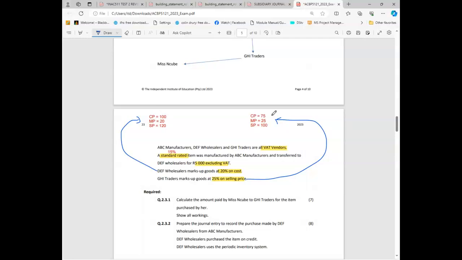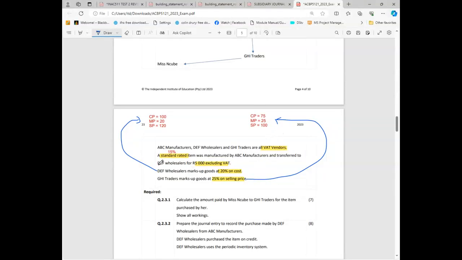Let's say the CP of 75 is the question mark. So we're using this one, number B. Now, no, let's go back.